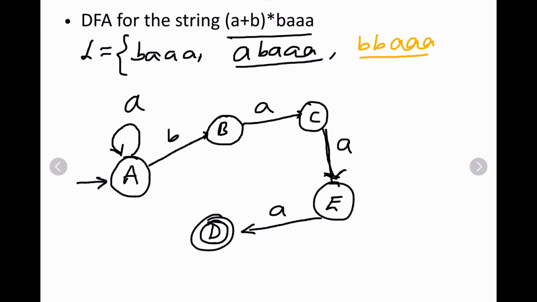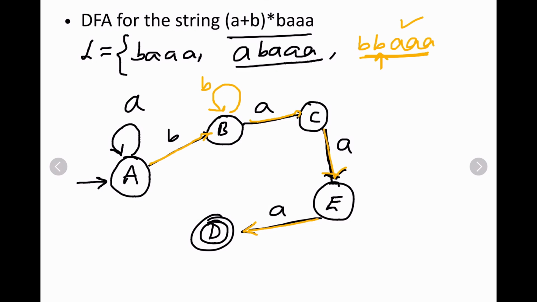Because it can generate any number of b's at the beginning followed by bbb. So the b transition will already be there from A. Once you reach B, on b to the capital B, what will be the next input? b. It can generate any number of b's here. So with b and finally bbb, you reach the final state. This will accept it.